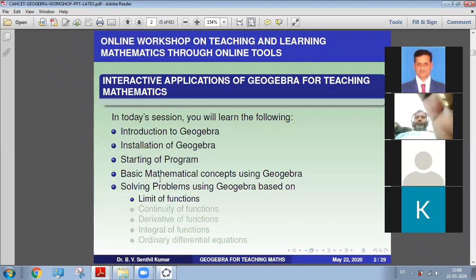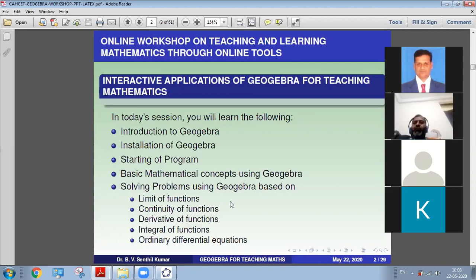Then what are the basic mathematical concepts that can be generated using GeoGebra? For example, you can find the graph of any function, and we discussed problems based on limit of functions, continuity of functions, derivative of functions, integral of functions, then ordinary differential equations.